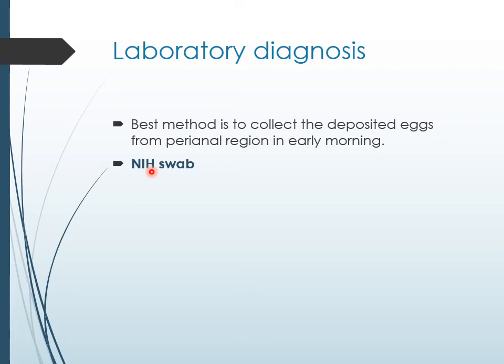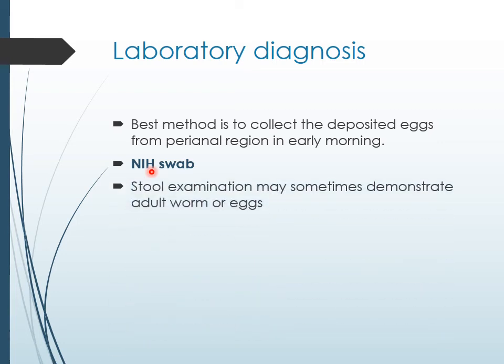So all the eggs which are deposited on the perianal region would stick to this cellotape, and then you have to put that cellotape under microscope and you can diagnose this infection. We'll see that picture so you will understand it better.